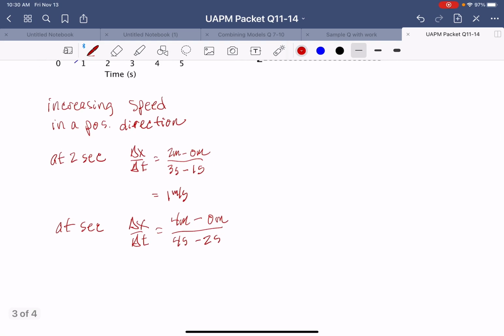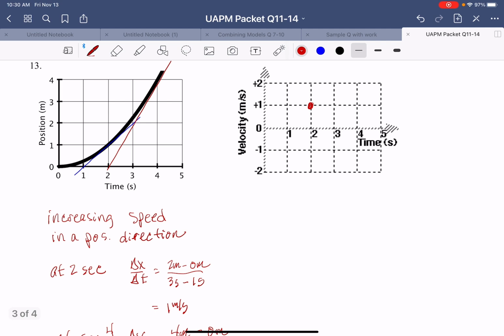So my slope of my line there is 2 meters per second. So at 4 seconds, it's moving 2 meters per second. Then I can take a ruler and make a straight line. I know at 0 seconds it's not moving because the slope is 0. So that would be my velocity time graph for that kind of position time graph.